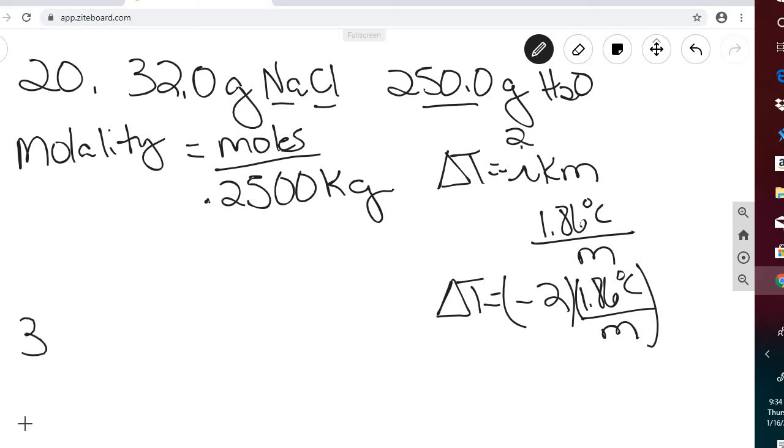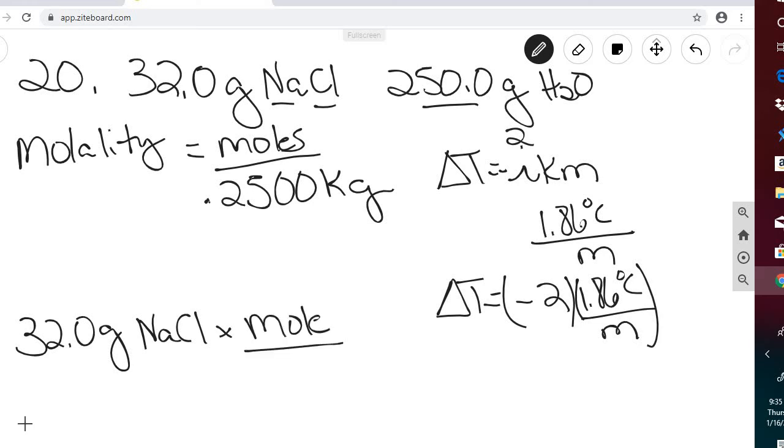Now let's figure out moles. So we have 32 grams of sodium chloride. We want to convert to moles, so moles will go on top. 1 mole is equal to how many grams? We have 1 sodium and 1 chlorine. The sodium is 22.99 and the chlorine is 35.45.